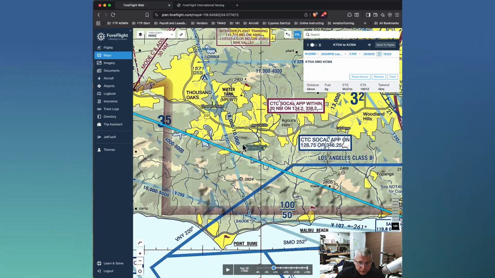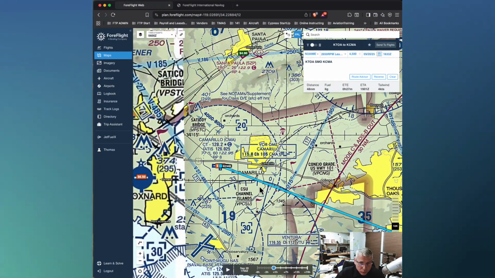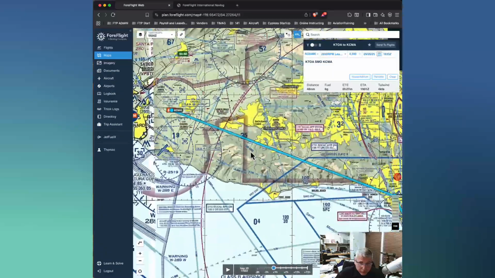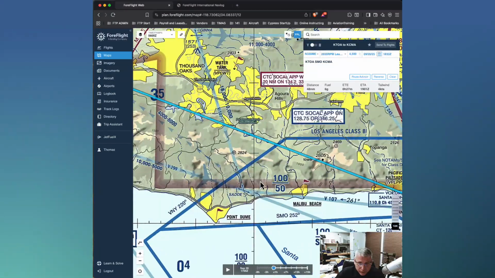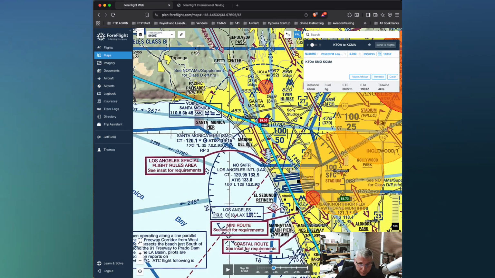The other reason is this terrain over here. If we're at 4,500 feet, we will stay well above the terrain here. The other reason, we've got a shelf of Bravo starting at 5,000 to 10,000, so we've got to stay below that because special flight rules is only this little bit of space here.